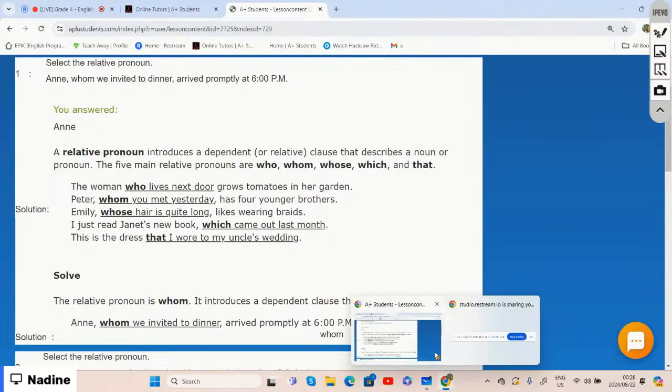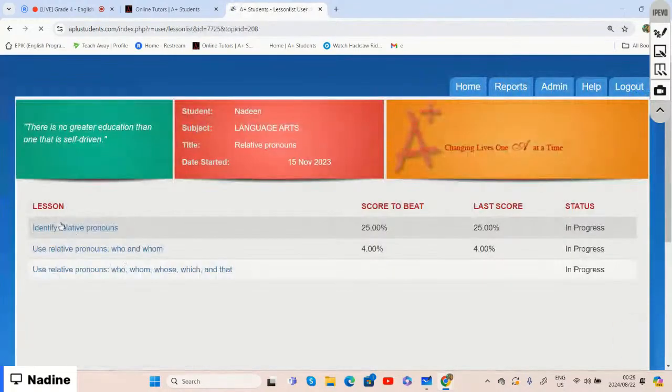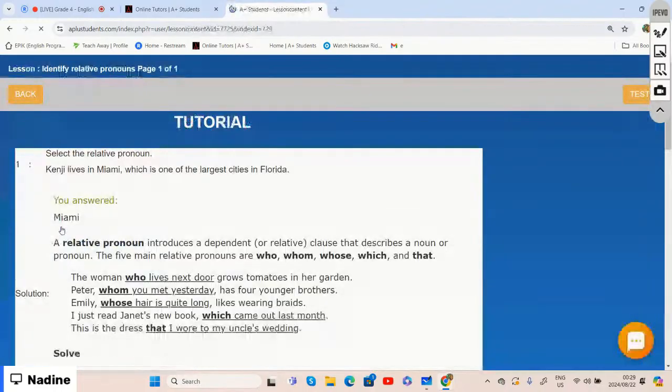All right. So now let's go to aplusstudents.ca, and we are now going to identify relative pronouns within our sentence, right?